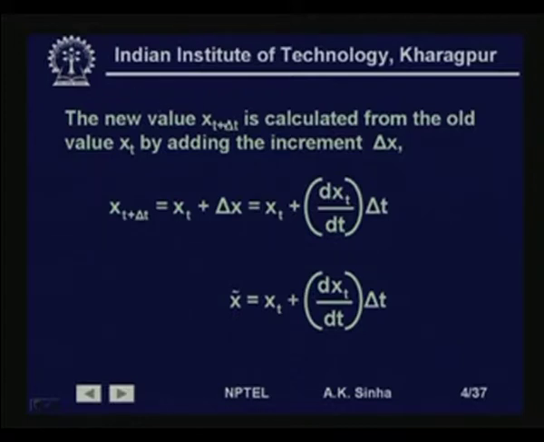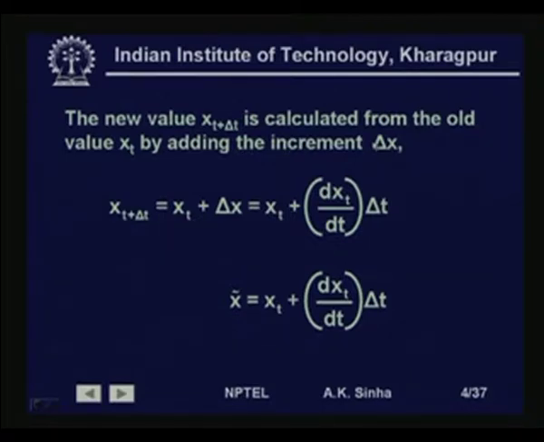If we are taking a small time step delta t, then we can find the new value of x at t plus delta t using a linear relationship. The new value x at t plus delta t is calculated from the old value x(t) by adding the increment delta x.